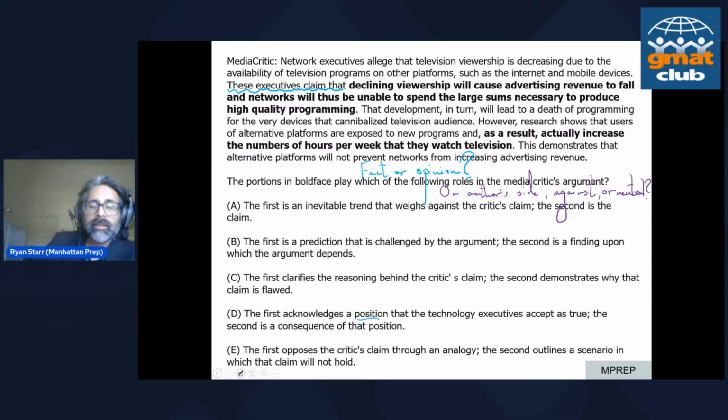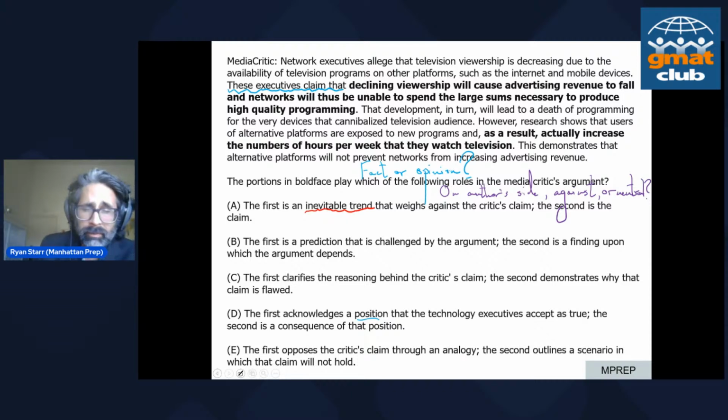So, okay, a couple of things about it. One, they call the first an inevitable trend, which is already pretty bad because, you know, the critic doesn't think this trend is inevitable, right? The critic thinks this trend is actually not even going to be a thing and it'll go the other way. All right.